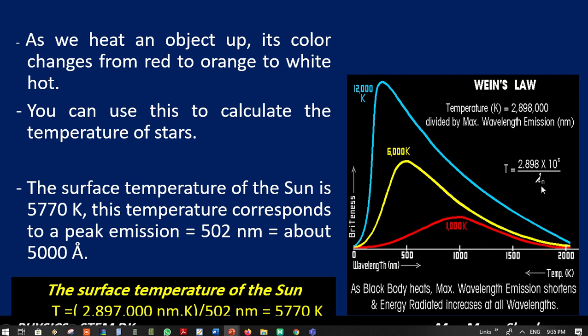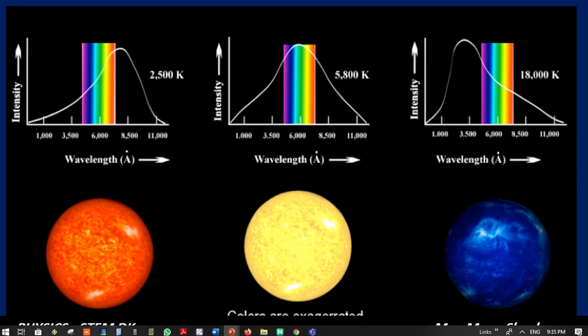When substituting the lambda maximum for the sun, which corresponds to the wavelength of visible light, we find that its temperature will be about 5800 degrees Kelvin. Okay, for other stars we can apply this to obtain the temperature of this star or the temperature of any black body object.